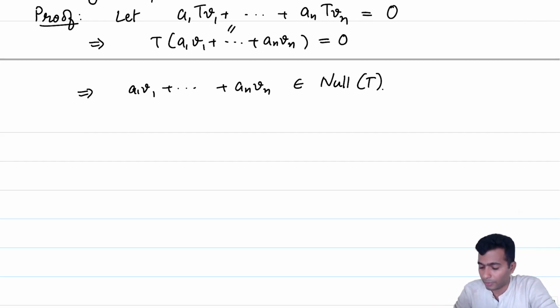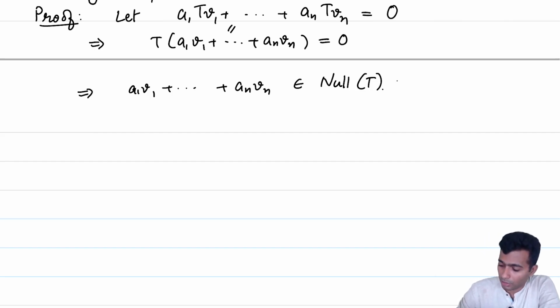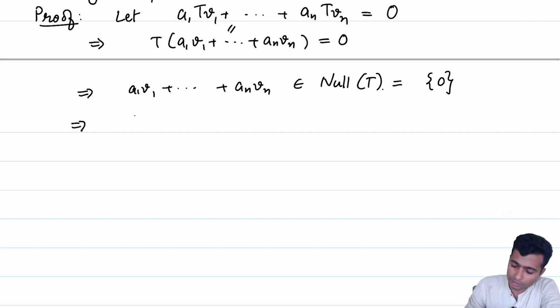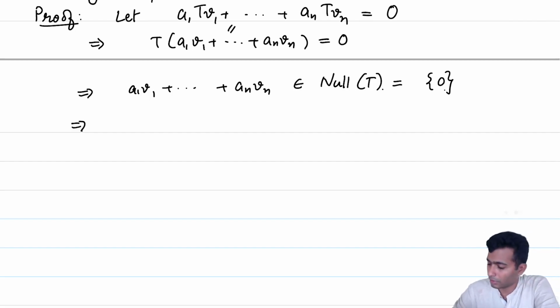But in the previous video, we saw a proposition, and we proved it, which said that T is an injective linear transformation if and only if the null space of T is the zero vector space. So this in particular is just the zero vector space. And why is this the zero vector space?